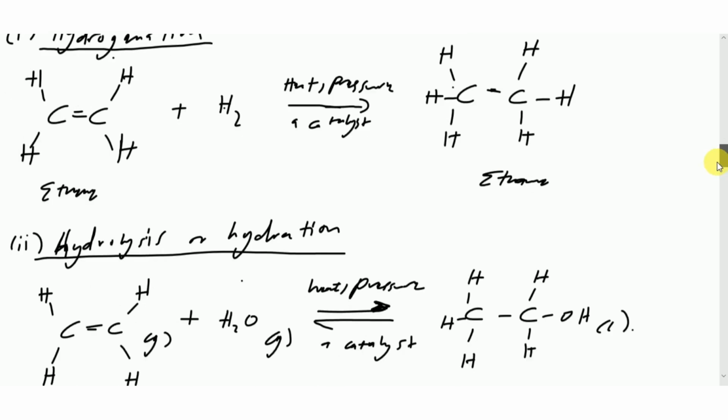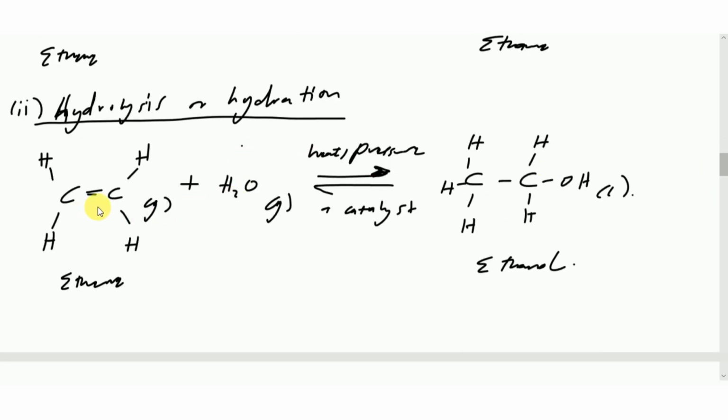And if we look at the process of hydrolysis, we start with ethene, and we know that ethene has a carbon-carbon double bond, and if we react it with water there, it will produce ethanol. But if we look at the structure of ethanol, we don't have a carbon-carbon double bond, and that means that this is a saturated hydrocarbon. So we can say that addition reactions turn unsaturated alkenes into a saturated compound.